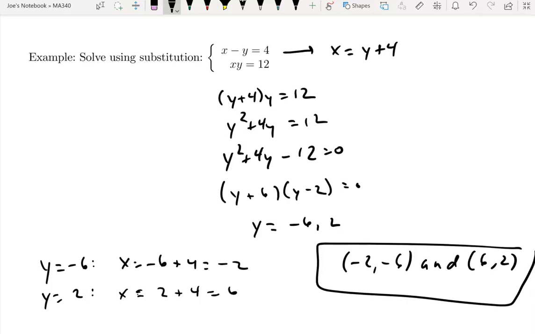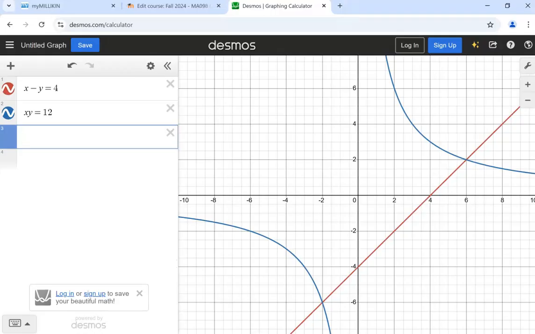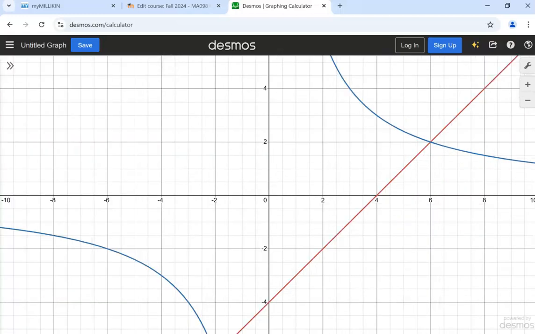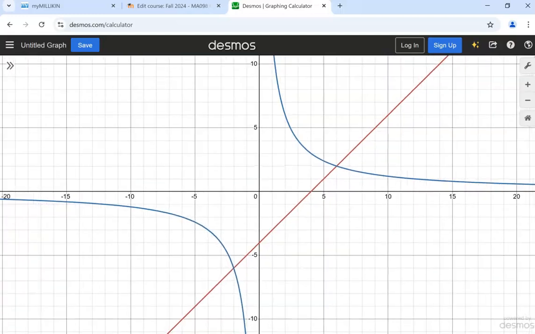So while you were working, I was playing around with getting a graph to see if we could see what that means graphically. So let me go over here. A little bit. So here's your line x minus y equals 4.